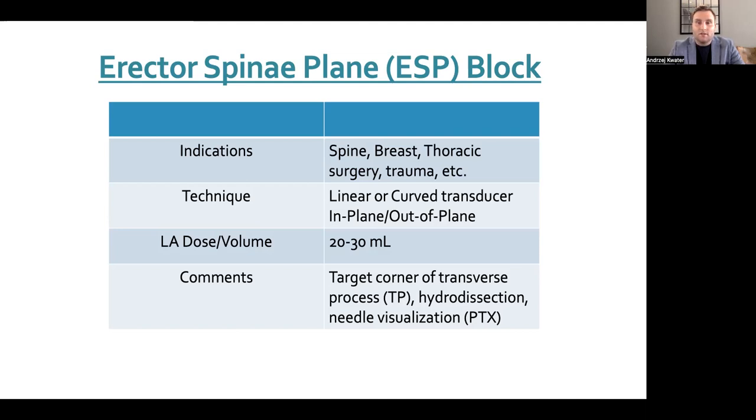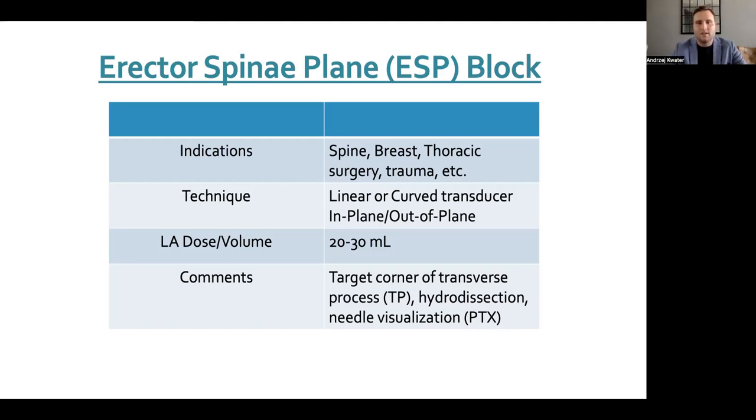A linear or curved linear transducer can be used for these blocks, depending on the amount of tissue that you have to visualize before you can identify the transverse processes. And an in-plane and out-of-plane technique can be used. Most often, you'll find people using the in-plane technique, but out-of-plane is acceptable as well, especially as you become more comfortable with these blocks. Now, this is a volume block, so injecting up to 30 cc's is not unusual, and that allows that craniocaudal spread of the local anesthetic.